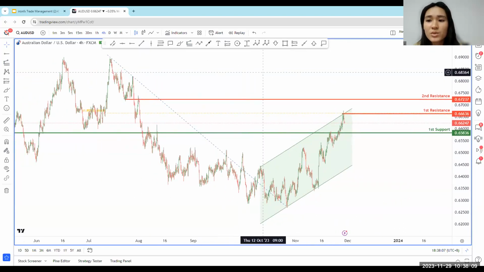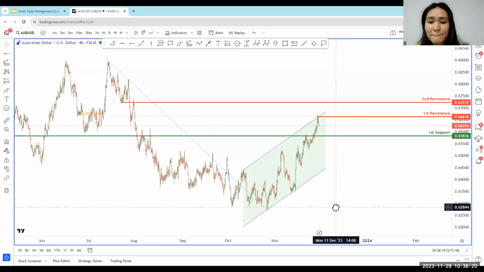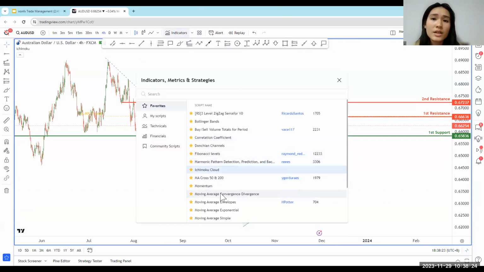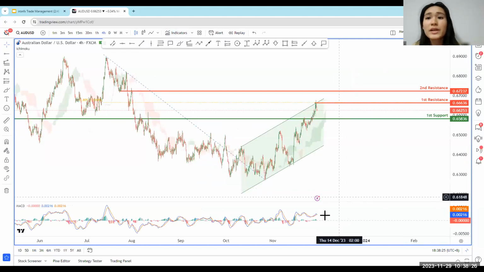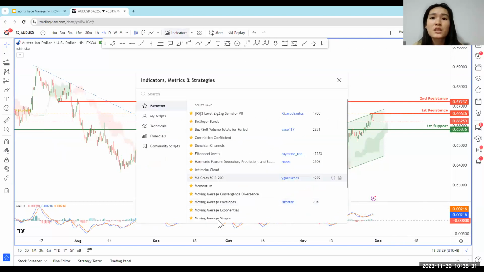I don't think we have any other levels here. So let's just go in with our indicators. Same thing: Ichimoku and MACD are both giving us bullish signals here.